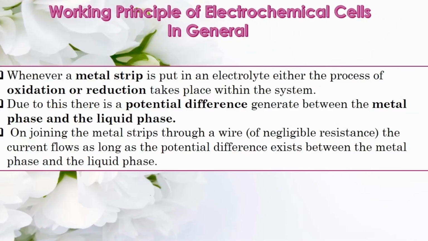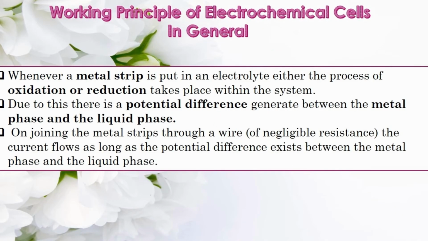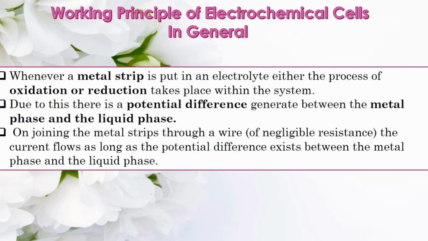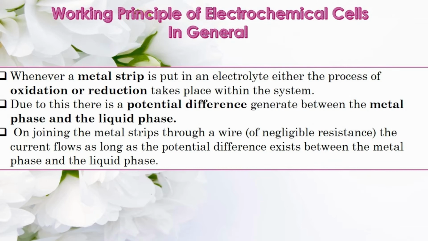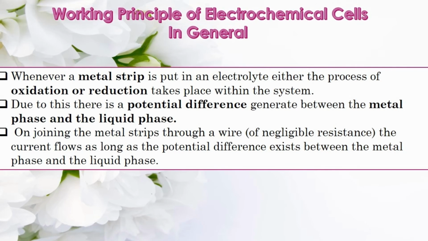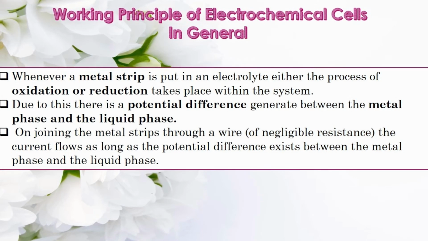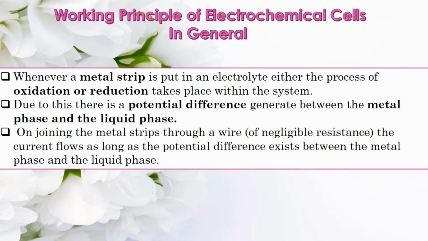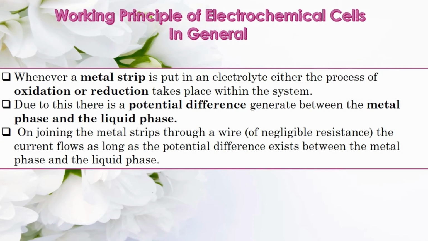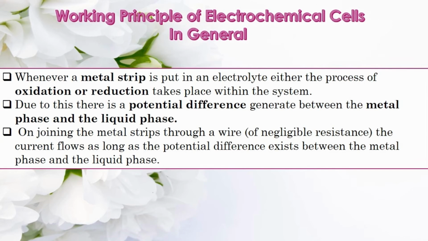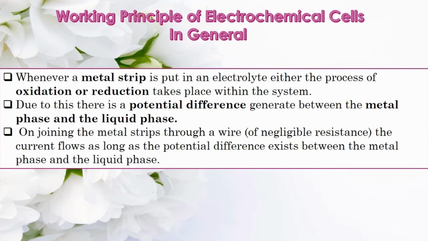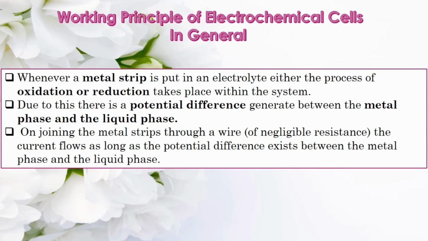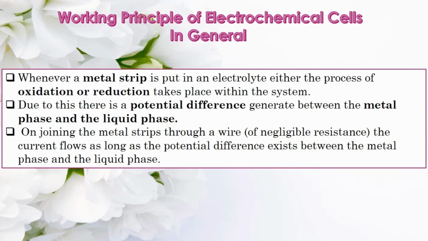In general, to explain the working principle of an electrochemical cell, we can say whenever a metal electrode is dipped in its solution, the metal electrode will undergo either oxidation or reduction. As a result, there will be charge separation between the metal electrode and its solution, and a potential difference will be created.